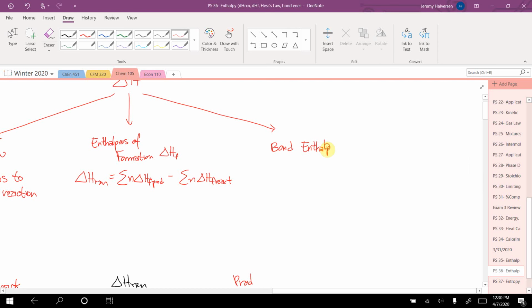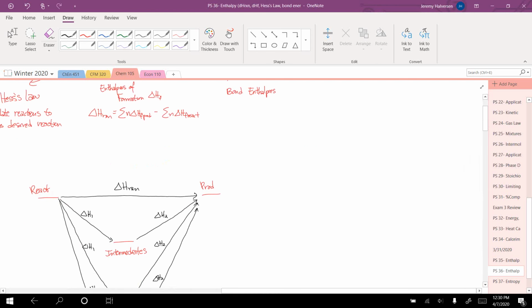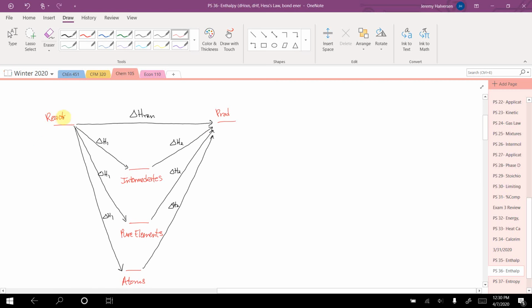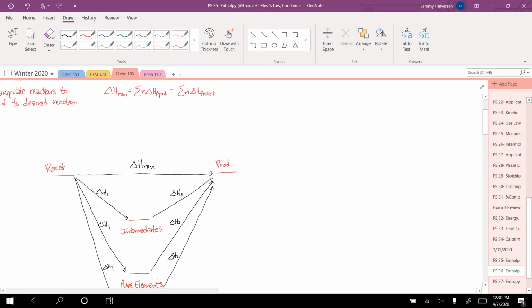Okay, so bond enthalpies are the energy to break apart two atoms in a bond. So we're breaking apart our reactants. So we're going to count up all the bond enthalpies in our reactants, use those values, and then we're forming our products. So we're going to take the negative value of the bond enthalpies in the products.